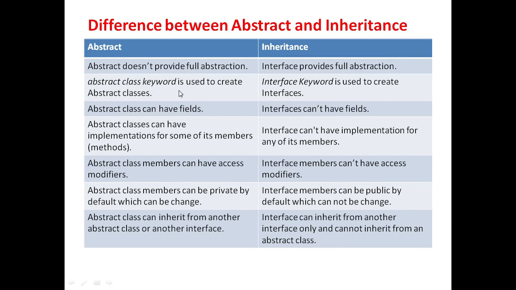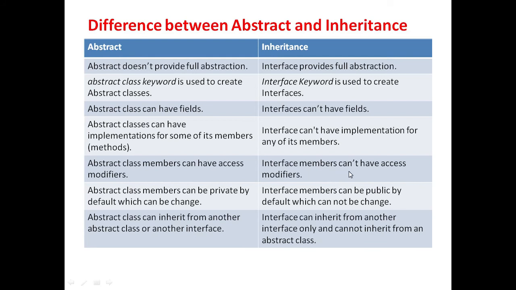Abstract class keyword is used to create abstract classes. Interface keyword is used to create interfaces. Abstract class can have fields, interface cannot have field. An abstract class can have implementation for some of its members, that is methods. Interface can't have implementation for any of its members. Abstract class members can have access modifiers.